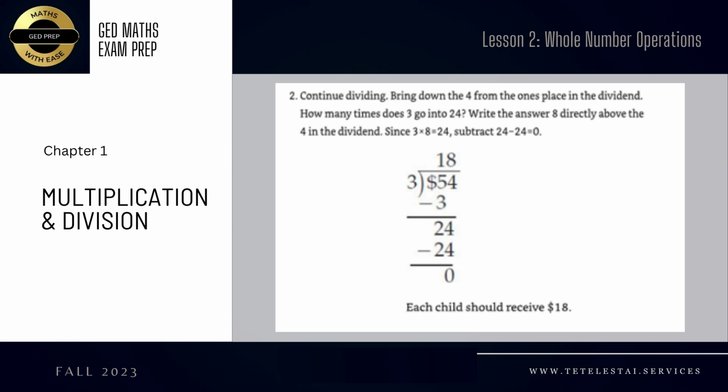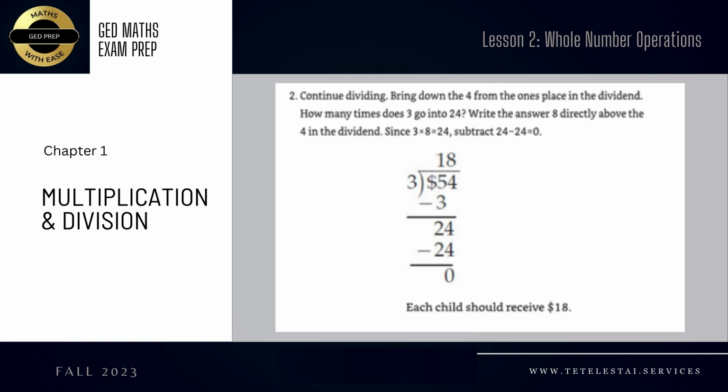Then you want to subtract 3 from 5, because essentially you're saying, okay, we know that 3 goes into 5 one time, but there's 2 left over, right? And we need to do something with that too.